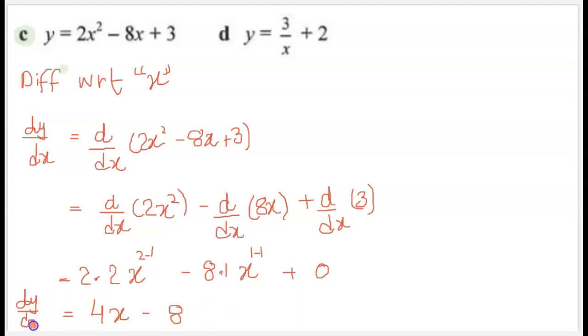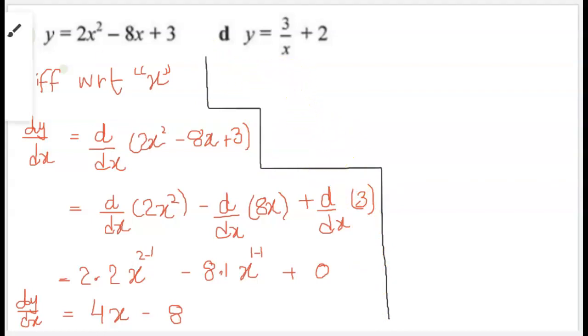But if you read the question, it is asking us to find the gradient when x is 3. So once you've got this, you need to find the gradient when x is 3. You write it down: when x is 3.